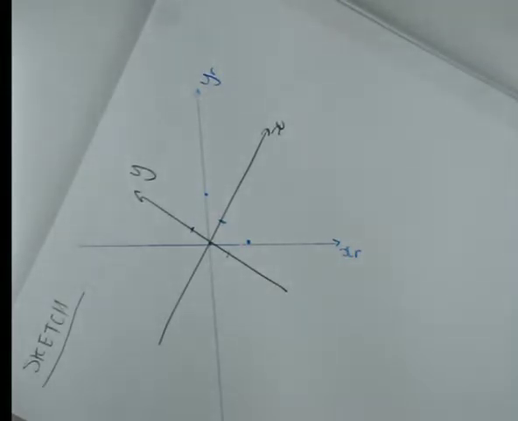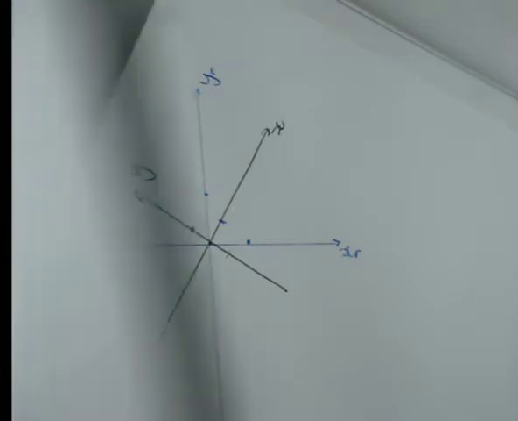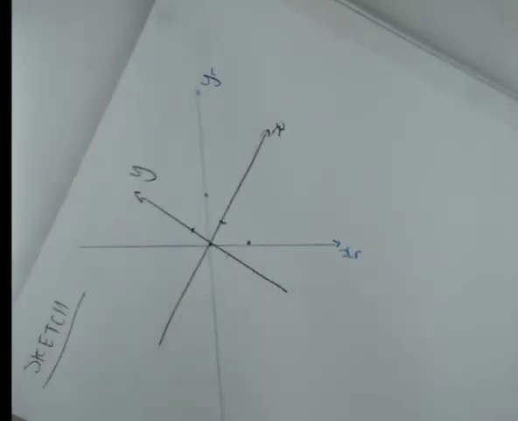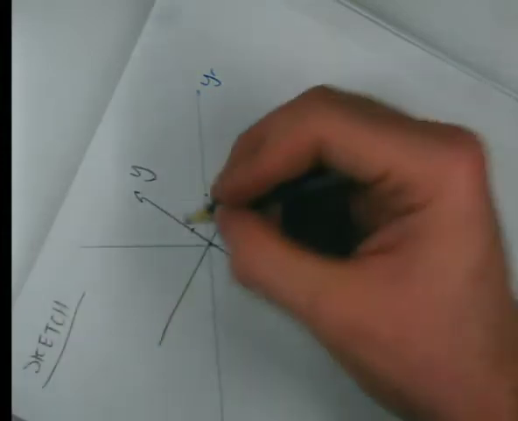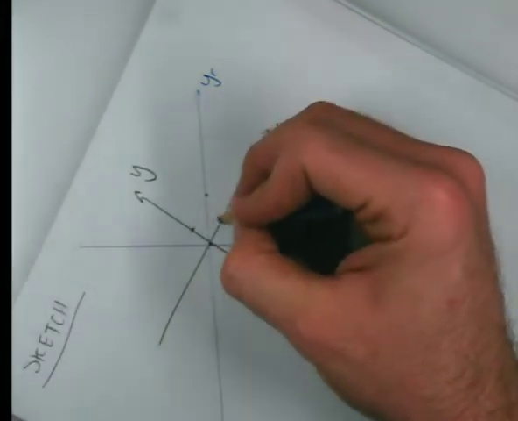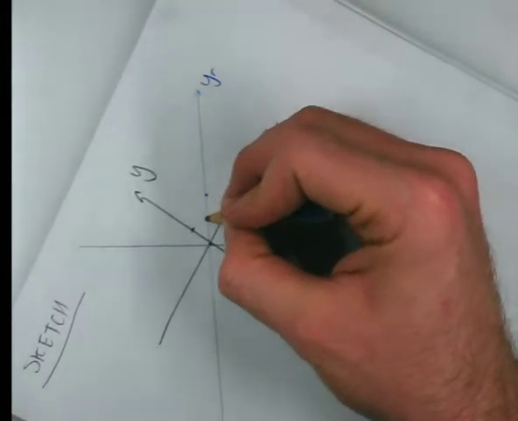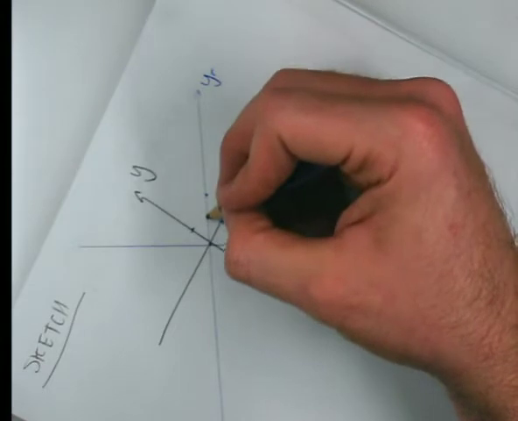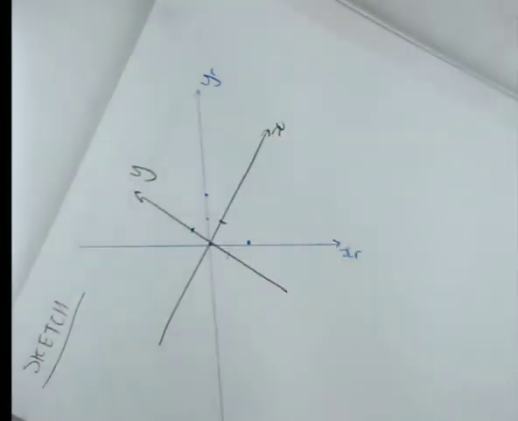I was told that my conic eventually was y_R equals plus 2 and y_R equals minus 2. So if that's 1 there, if I draw a circle, that'll be 1 there, and that looks about like 2, about there.